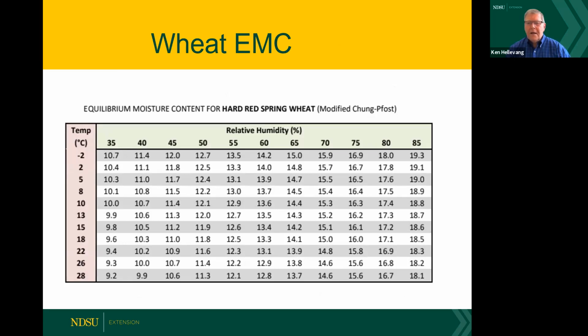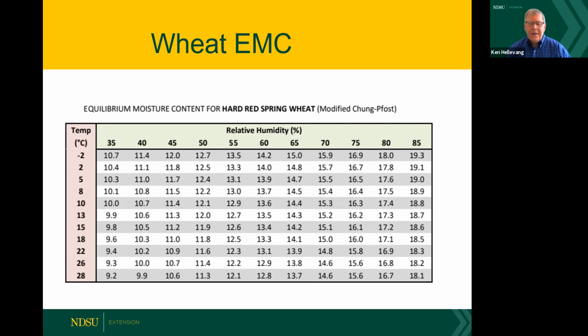This is a table for the equilibrium moisture content for wheat. This one now is in degrees centigrade along the left side. Again, relative humidity across the top. So if we go with 28 degrees centigrade, 60% relative humidity, we see the two intersecting at 12.8% moisture.